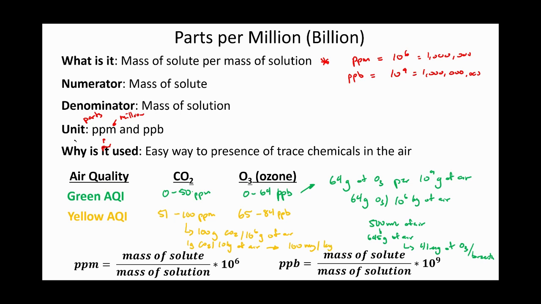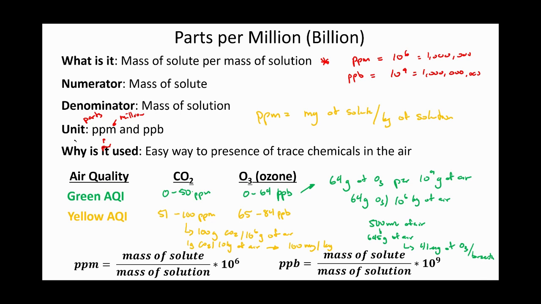And so that's one way that we can think about ppm, is that ppm is the same as saying milligrams of solute per kilogram of solution. And then ppb would then be micrograms of solute per kilogram of solution.